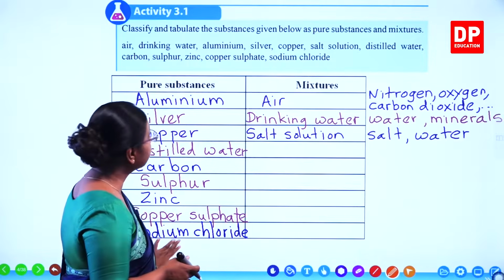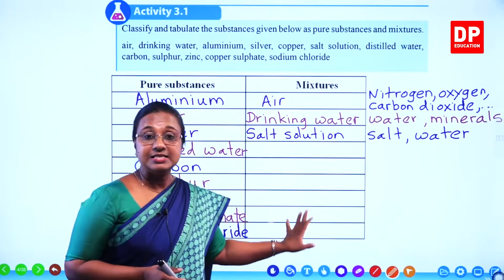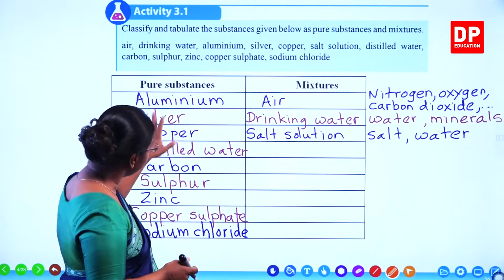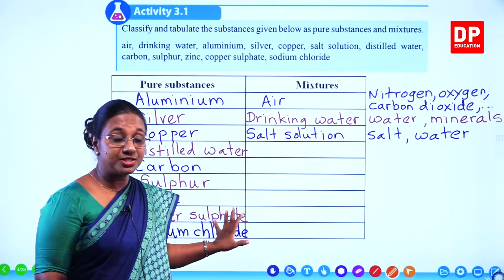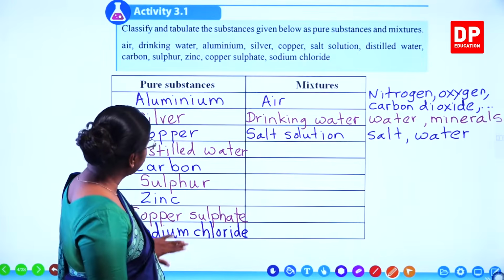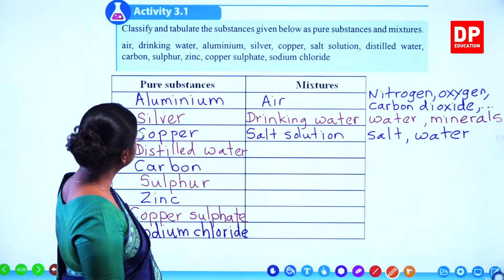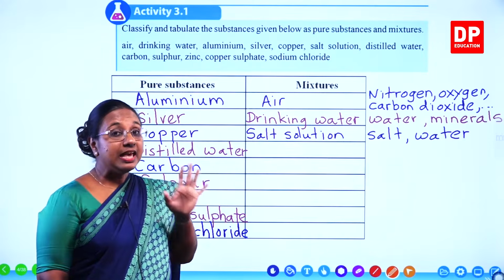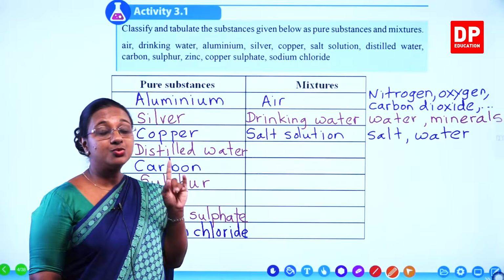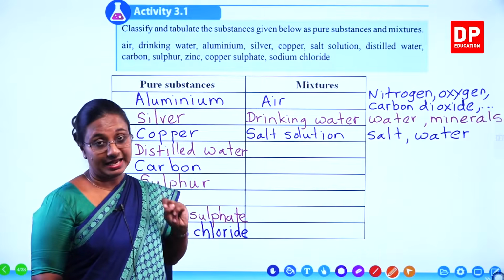So, all these are pure substances. These are mixtures. But from this again, although they are made up of one type of constituent particles, you can understand aluminium, silver, copper, carbon, sulfur, zinc. They are made up of just one type of element.